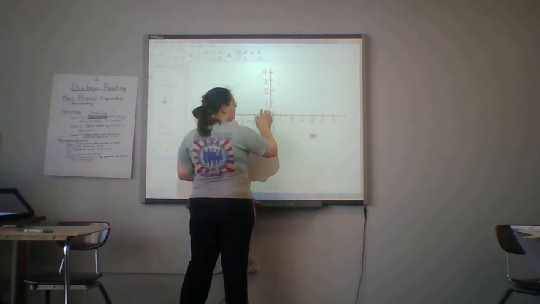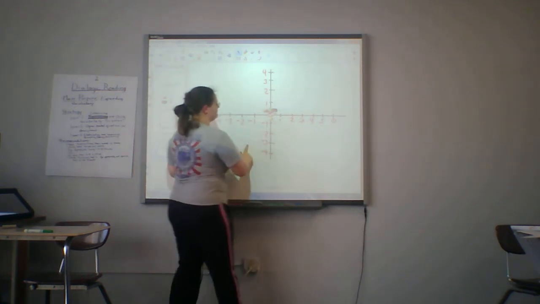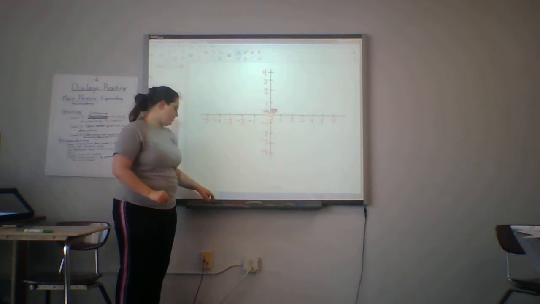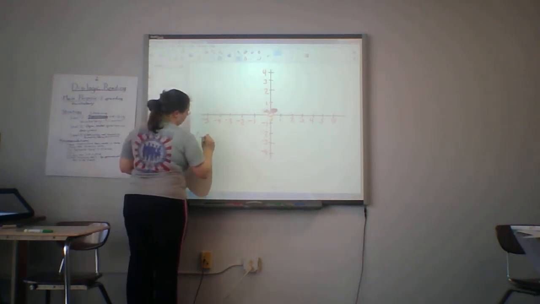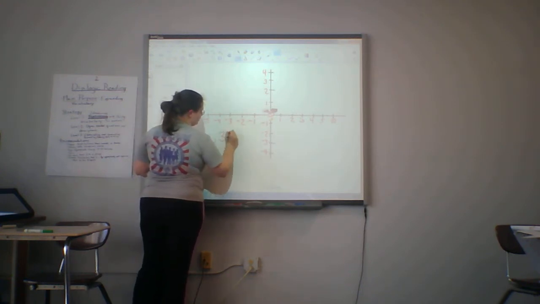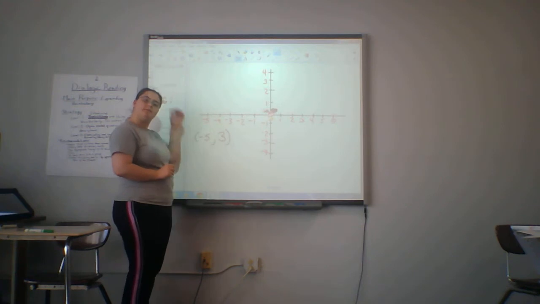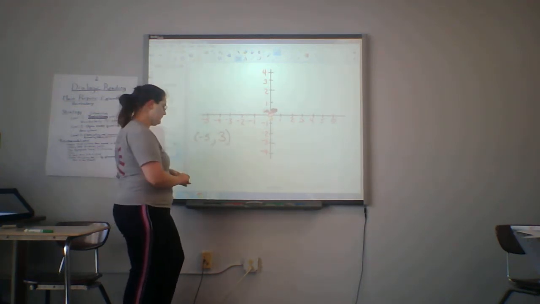So we have to start all of our characters at 0. Okay? Our new number is -5, +3. Okay? Our new number is -5, +3.